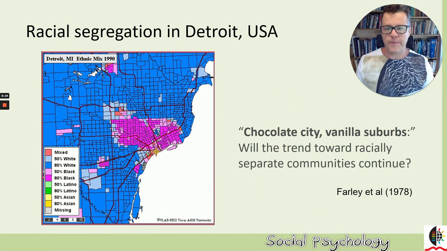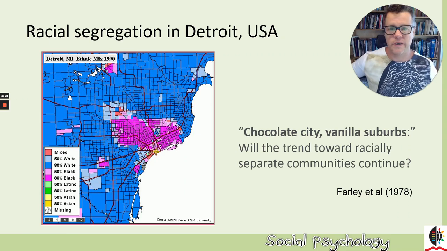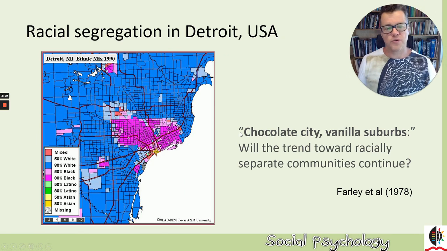And we can see how entrenched segregation is. It's a global phenomenon. It's not only in South Africa. This over here is a picture of Detroit in the United States. Reynolds Farley's work, famously, his paper was called Chocolate City, Vanilla Suburbs. You can see this in the city center.